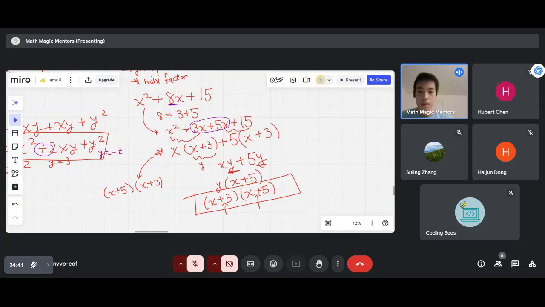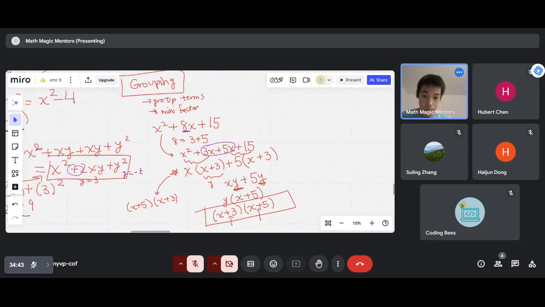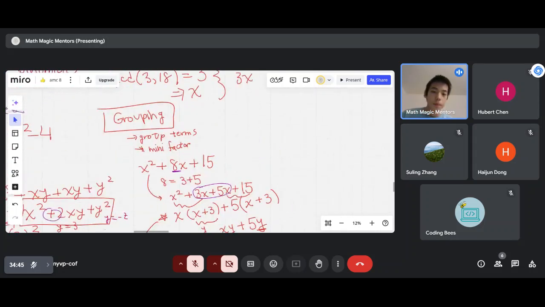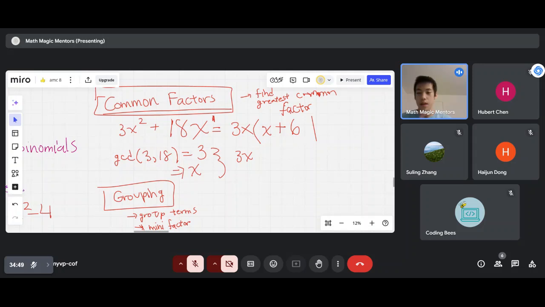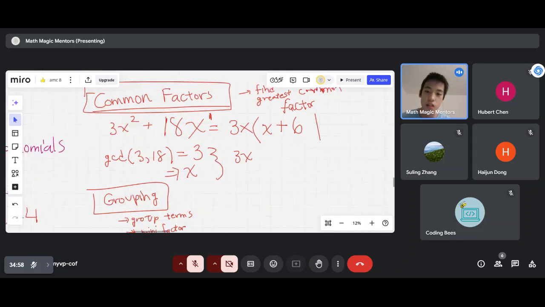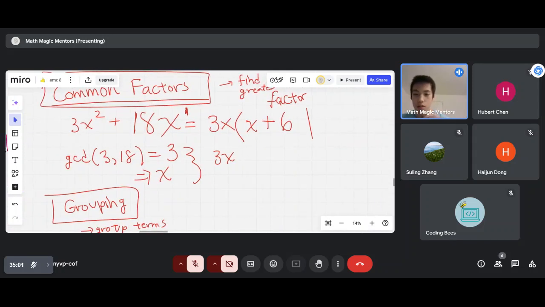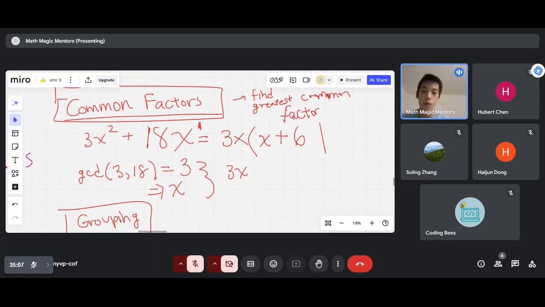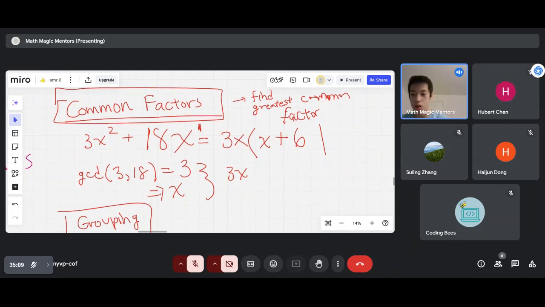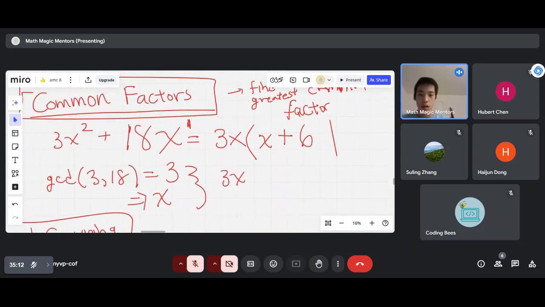So that's grouping by factoring. The main idea between grouping and common factors is trying to extract a common factor by rewriting the expression cleverly. With common factors, you can immediately exploit the greatest common factor of the two terms, and you can just factor that out.